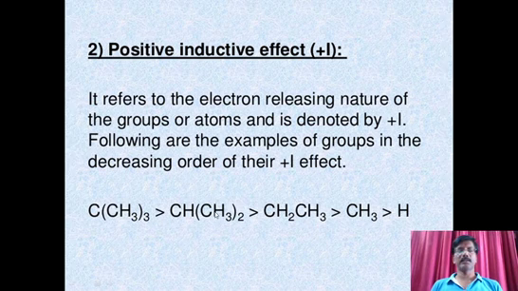This is secondary, still plus I. This is primary, with a lesser plus I effect, and methyl is very little, and hydrogen is almost the lowest. So depending on the nature of the branch, tertiary carbon has the highest plus I effect, secondary is next, primary is next, and methyl is a group showing very little plus I effect.